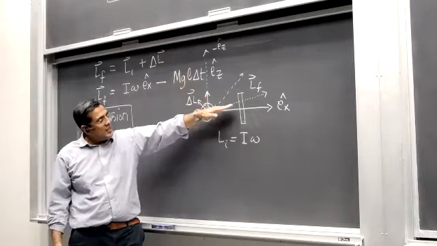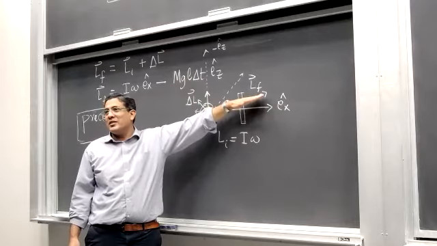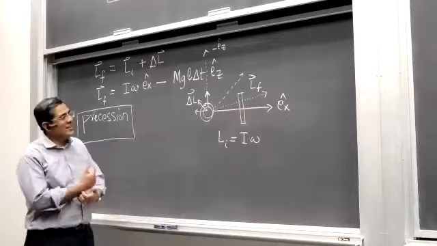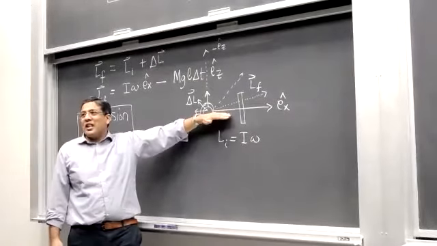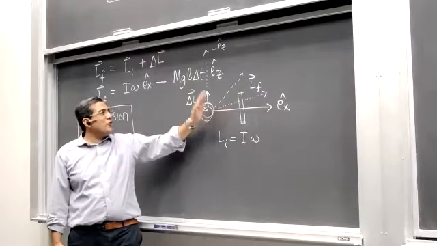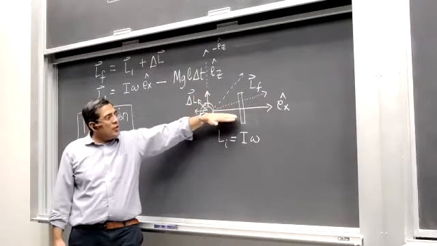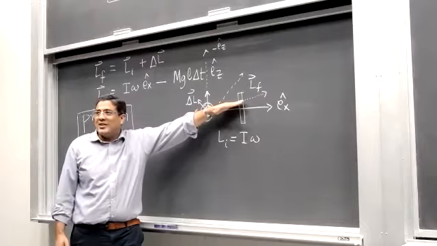And now the resultant would be here. So what is happening is that the rod adjusts itself to respond to this torque, and it can only do that if it moves to where the resultant vector is.